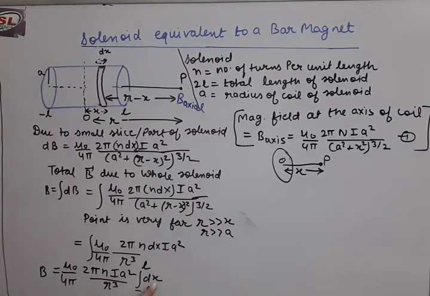Now you already know, integration of dx will become x. After putting the limits, upper limit minus lower limit, that means L minus minus L, it will become 2L.